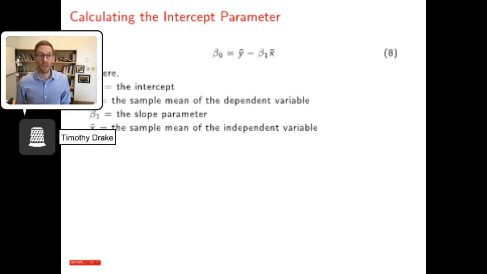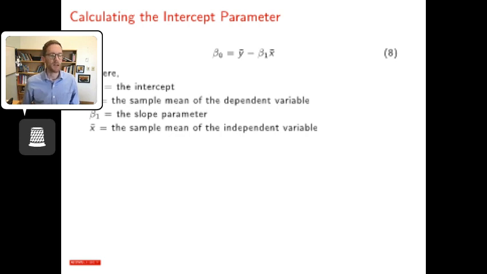All right, having calculated my slope parameter, beta 1, it's now pretty straightforward for me to calculate the intercept. How I do that is beta 0 is equal to the sample mean of the dependent variable minus that beta 1 I just calculated times the sample mean of the x variable, okay? And that'll get you beta naught.